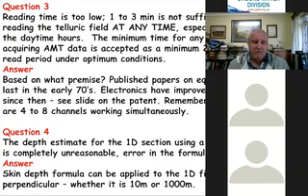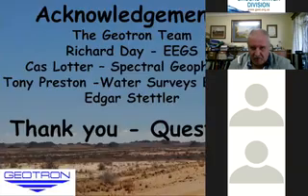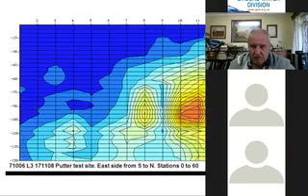One question: the depth estimate for a 1D section using a 10-meter dipole is completely unreasonable. Is there an error in the formula or not? The skin depth formula can apply to the 1D field as it is perpendicular. What I'm explaining with perpendicular is that into the ground is the source of the field.